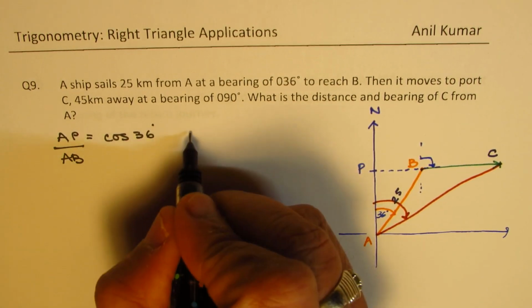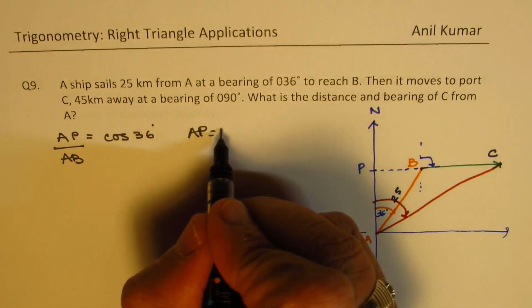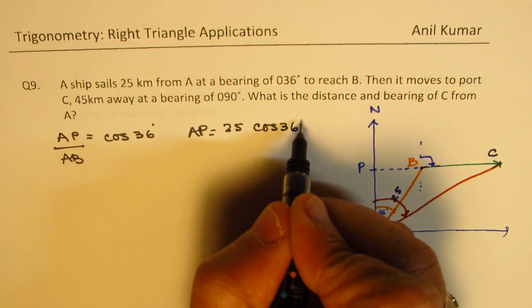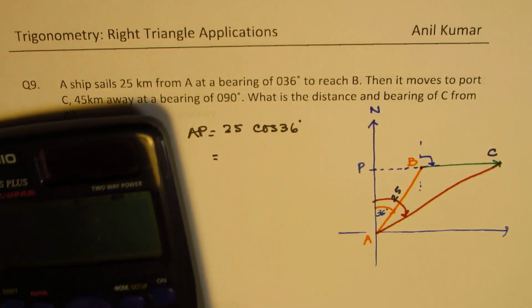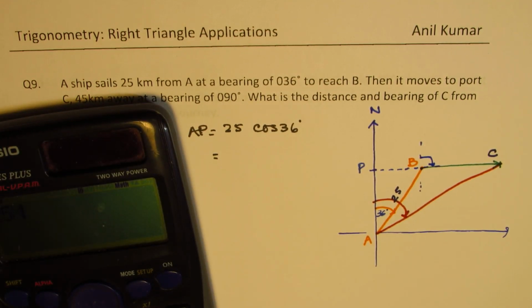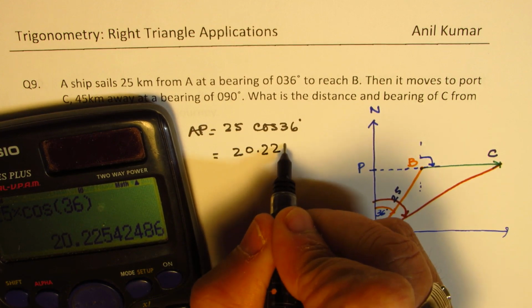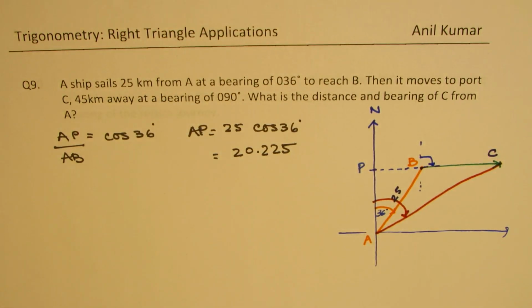So AP is 25 times cos of 36 degrees, correct? So let's figure this out. So we have 25 times cos of 36 degrees, which is 20.225. So we know AP is 20.225.